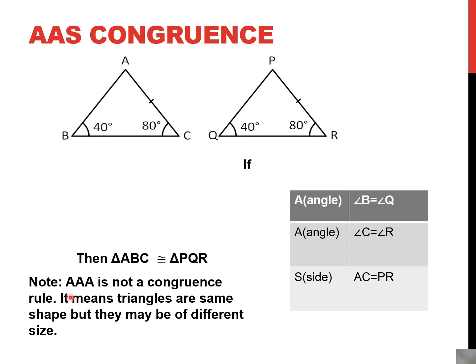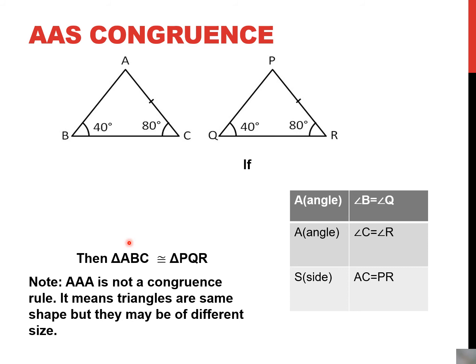Now please, there is a very important thing. There is no such thing as AAA. You cannot have this congruency. There is no such rule. So triangles cannot be congruent if all the angles are equal. What will happen in this case if you take AAA?